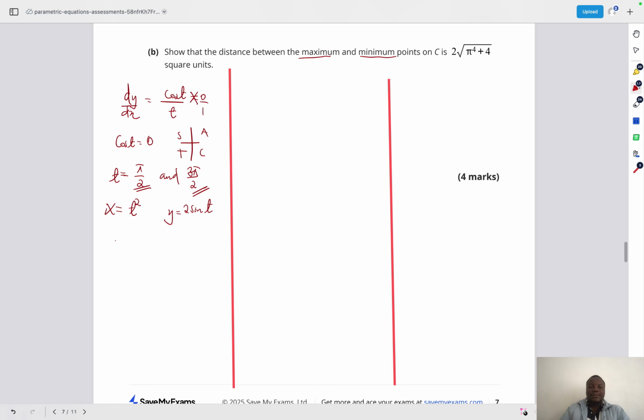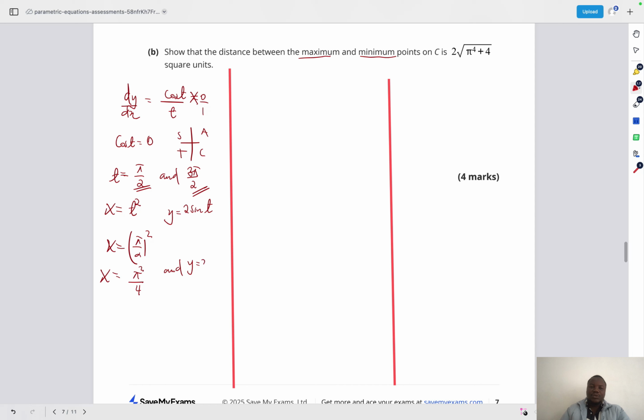So we've got x being equal to pi over 2 squared, which gives us x being equal to pi squared over 4.